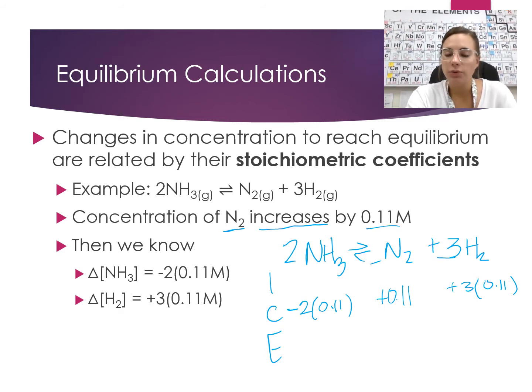So all I do for the change row is I use a plus for the side that we're shifting to, or most of the time the products, and then I use a minus for the side we're shifting away from, typically the reactants, and then I use the coefficients to know by how much that change is going to be.